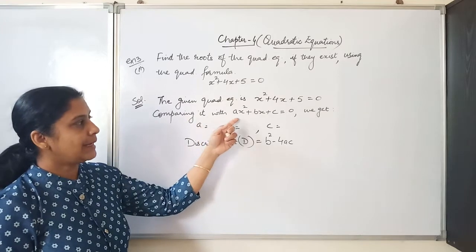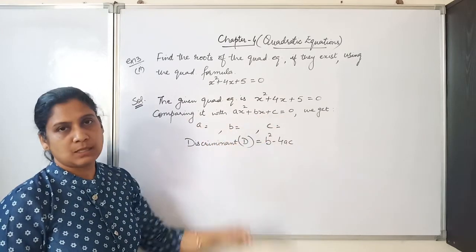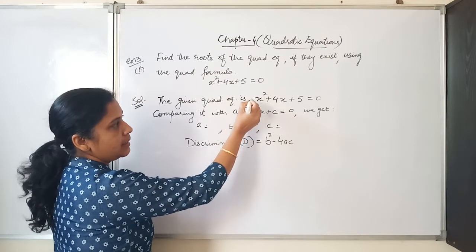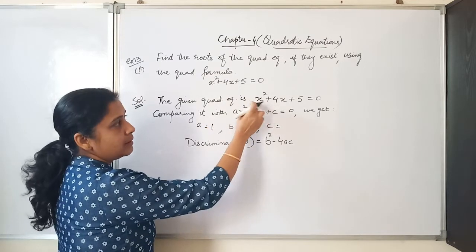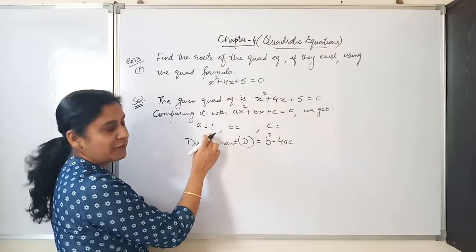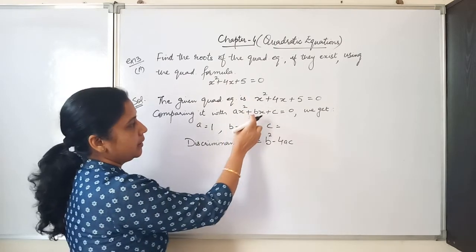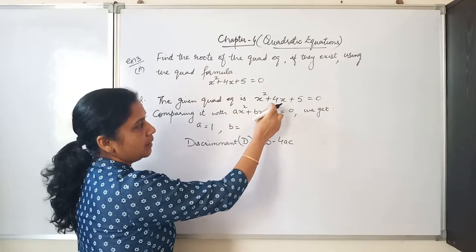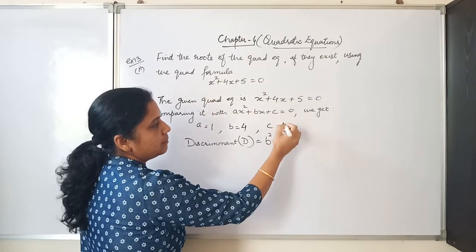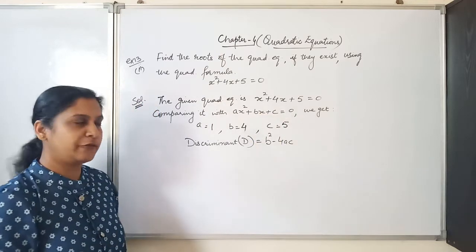Comparing it with ax square plus bx plus c is equal to 0, we get the coefficient of x square, a, is 1. Here you cannot see any coefficient, but it is 1 into x square. So the coefficient of x square is 1. The coefficient of x, b, is 4. The constant term c can be easily compared. The value of c will be 5.